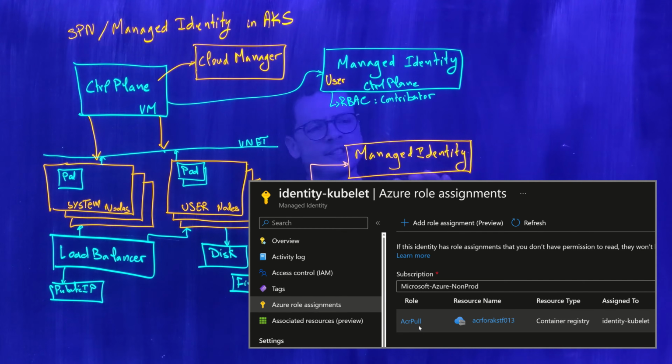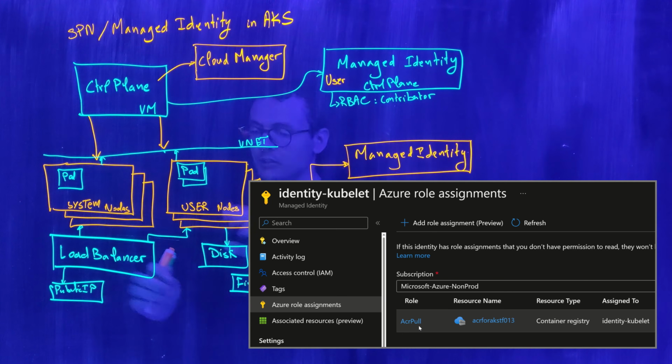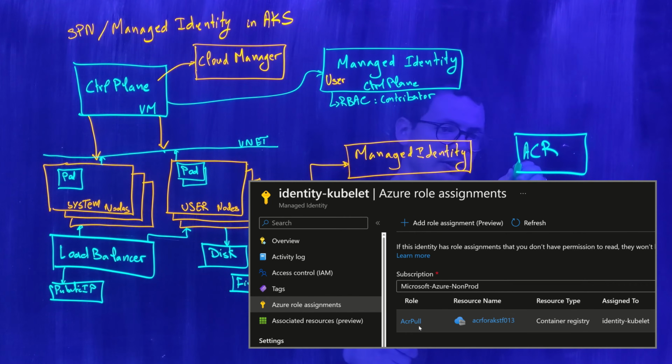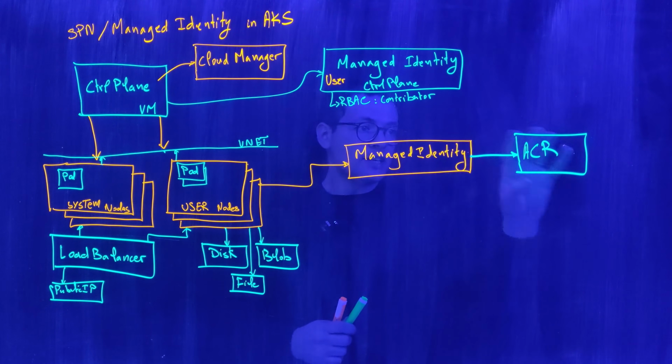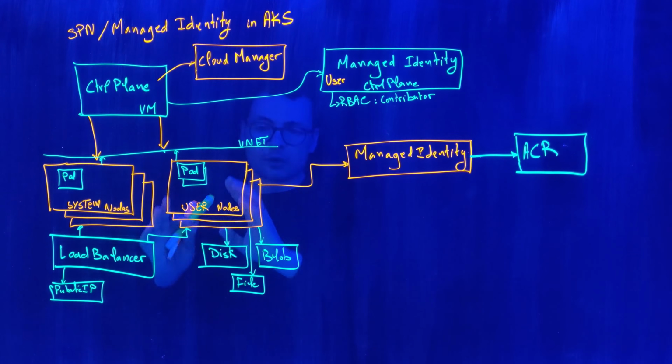But for which reason do we have this managed identity? We have here another interesting component in the Kubernetes and the AKS ecosystem that we didn't mention here, and that is the ACR, Azure Container Registry. That's where I will save my container images. So ACR needs the right access role from my Kubernetes cluster.